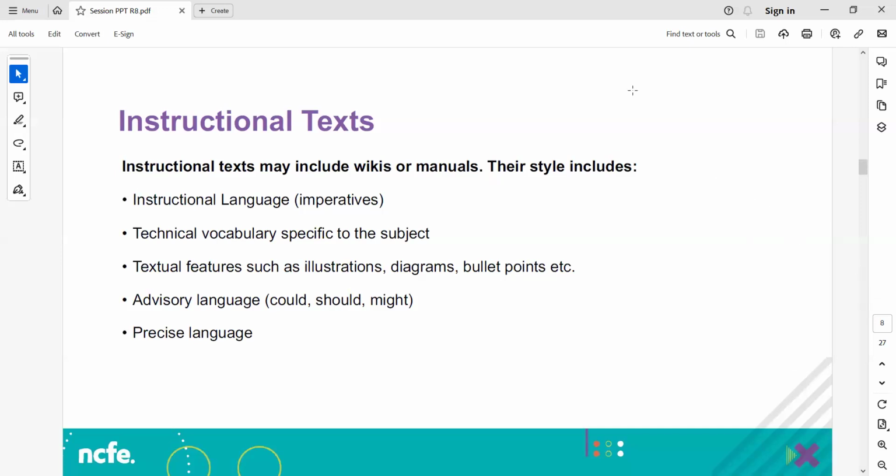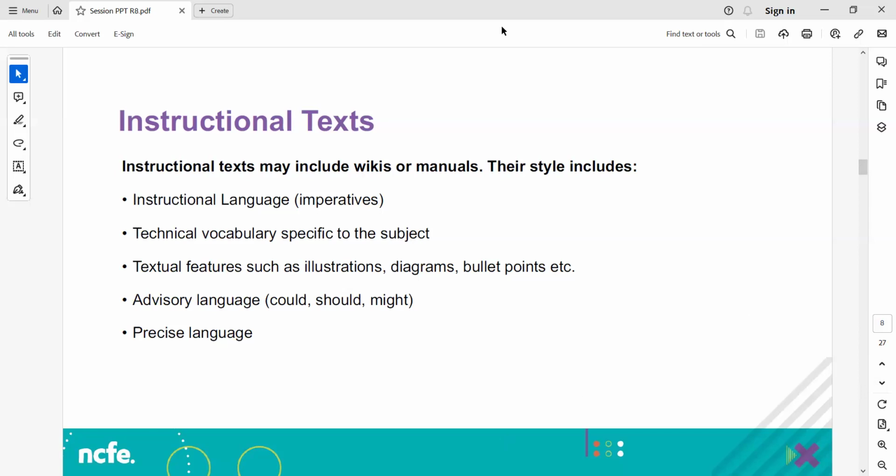It's really important if you're following instructions that you should be given exact, precise language, so that what you make or what you're fixing or the instructions you're following lead you to the outcome that the writer intended. So it needs to be precise language.